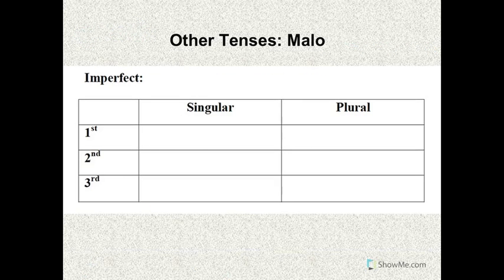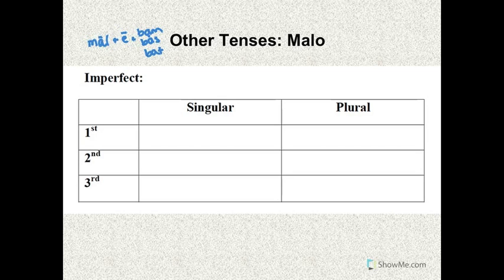For the imperfect, it's going to function much like volo and nolo did. Here our root is going to be mal, and we're going to add the thematic vowel long E before our endings bam, bas, and bat. Go ahead and conjugate malo in the imperfect. Don't forget to include your translation.